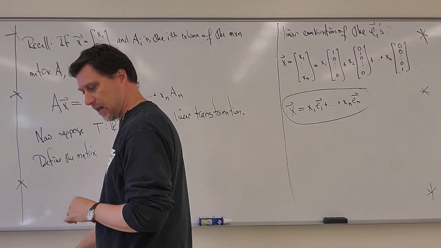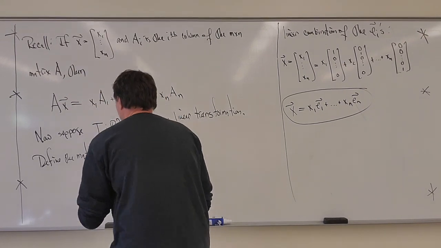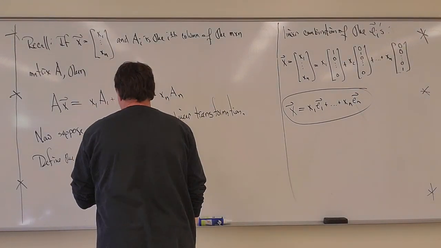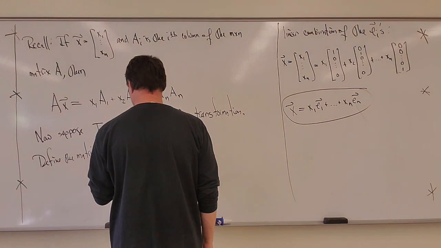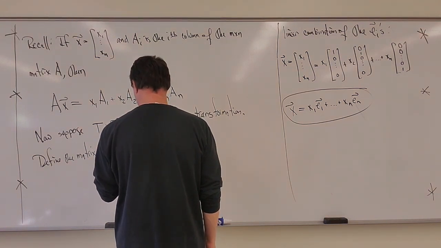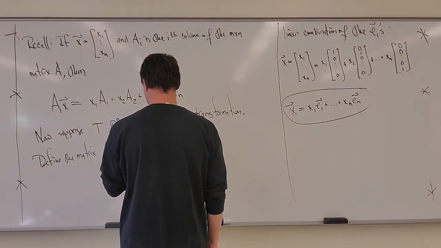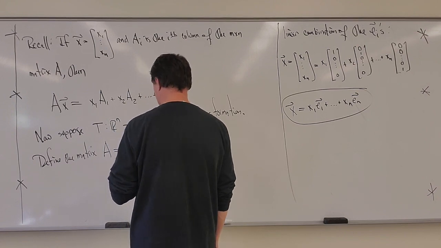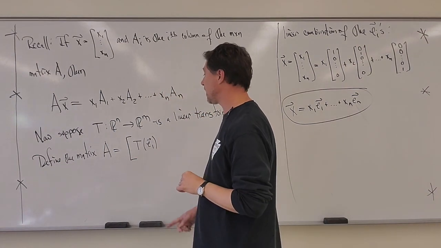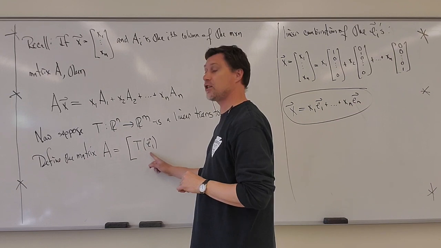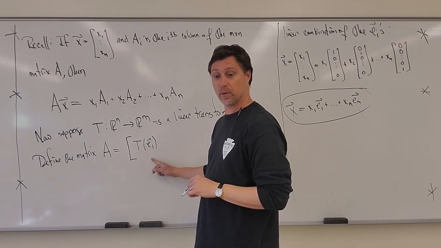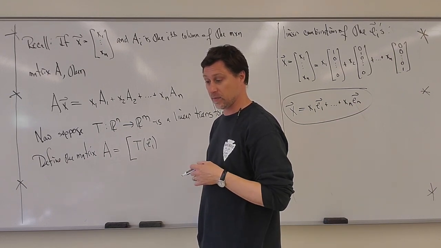I'll just call it capital A. It's going to be the matrix whose columns consist of the following: the first column is T applied to E sub 1, T applied to the first standard basis vector.